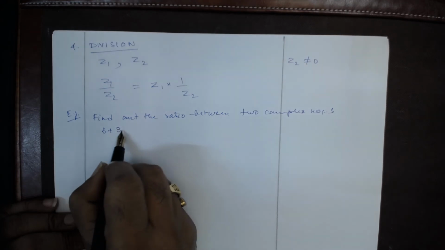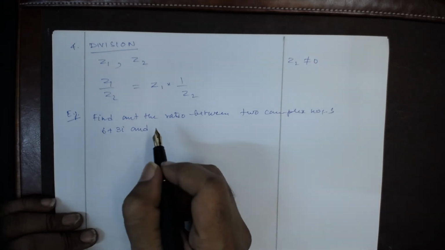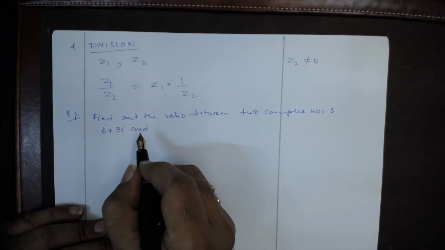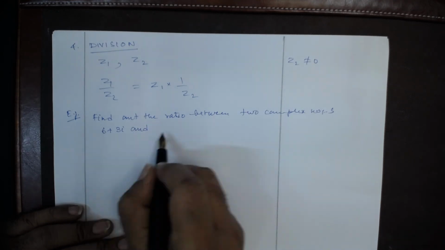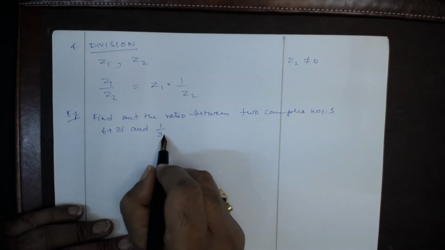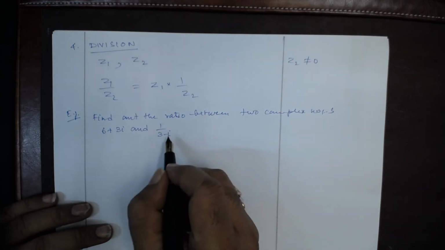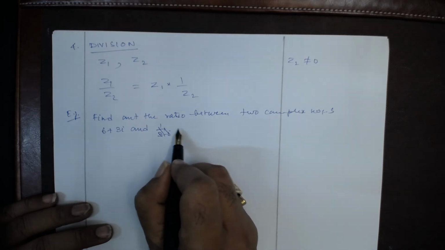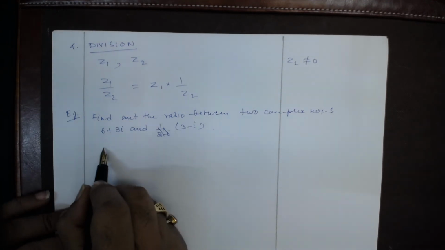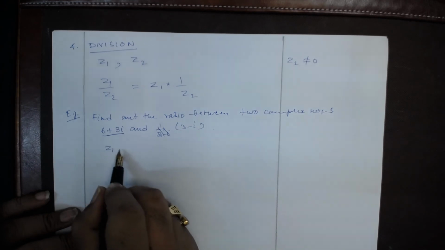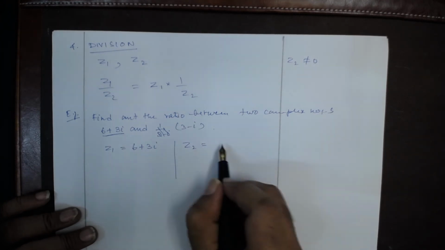6 plus 3i and 3 minus i. Now let me represent the first complex number z1 as 6 plus 3i, the second complex number z2 as 3 minus i.